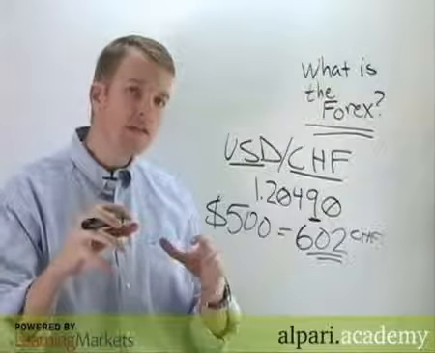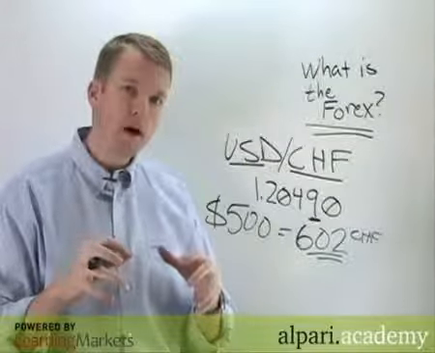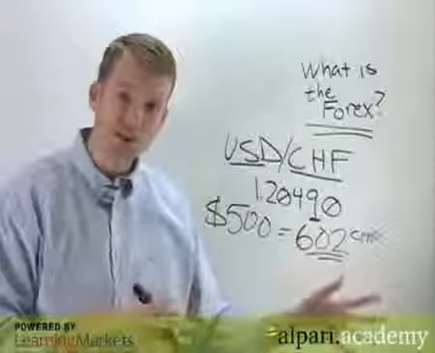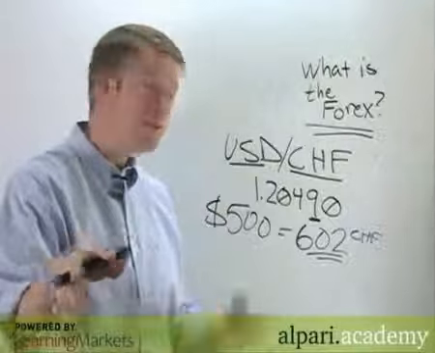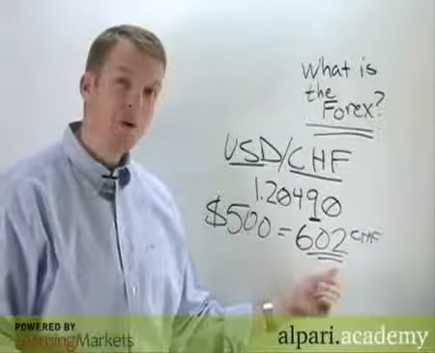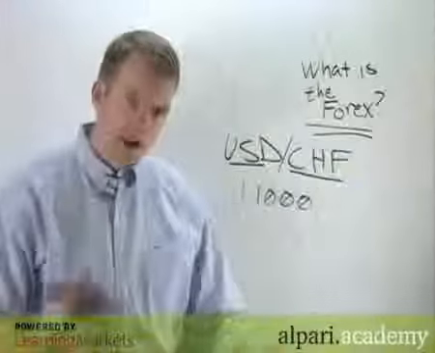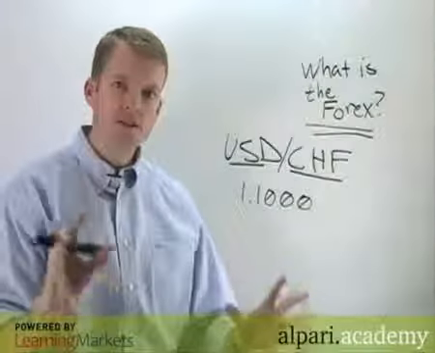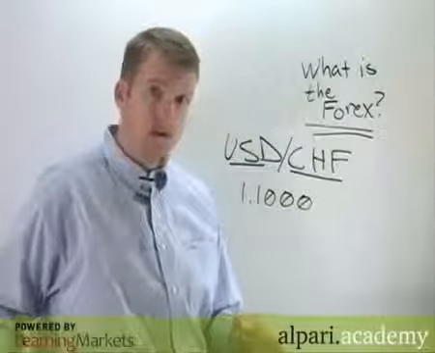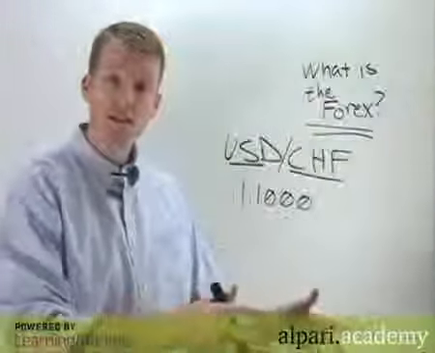Now let's take a little bit of a step back and talk about what happens at the end of the summer when we've decided to leave our vacation and start to go home and we haven't spent any of our spending cash. So we still have these 602 francs. Now it's time for our vacation to end, and we're looking to exchange them back into dollars.